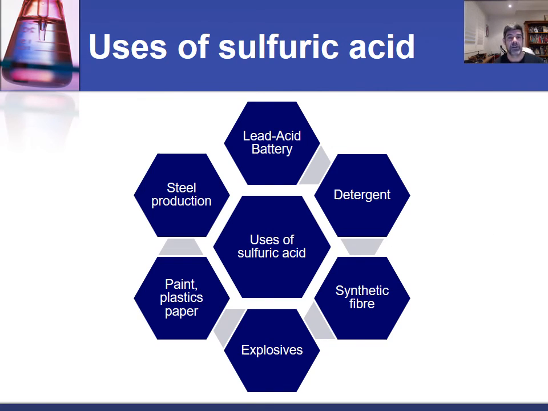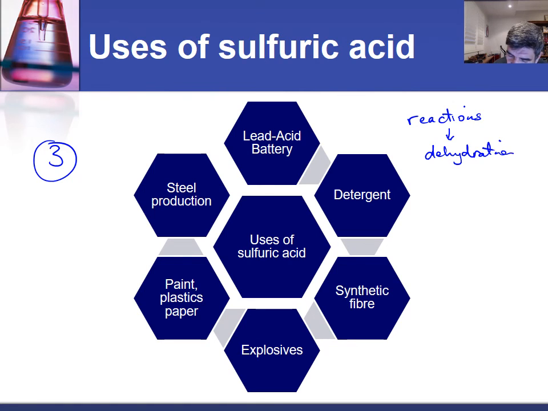And in fact, it's important for you to have at least 3 key uses for sulfuric acid. And if you think about the reactions that it's already involved in that you've seen, some important reactions are the dehydration of ethanol, and also esterification.